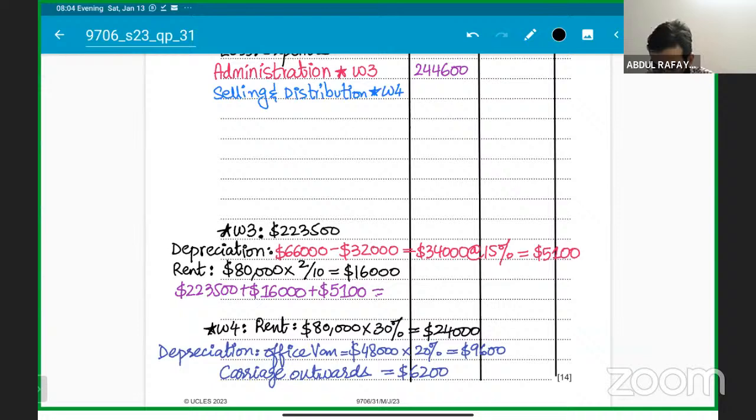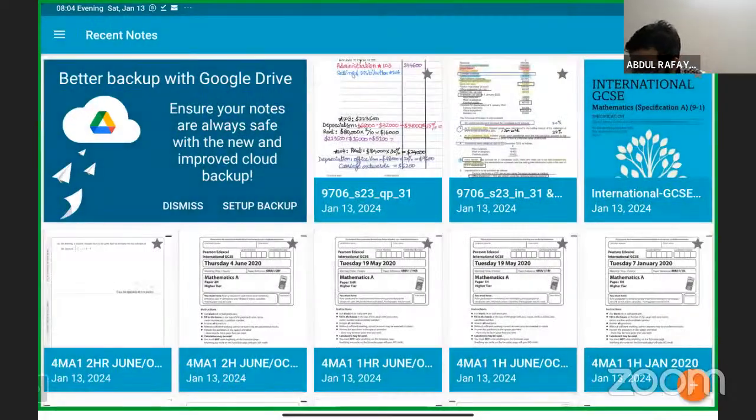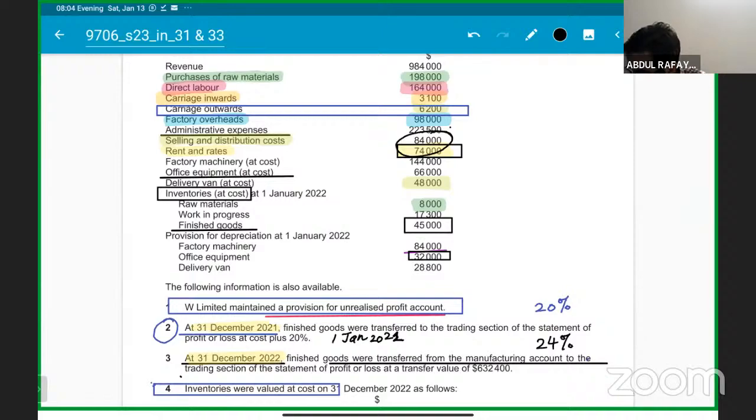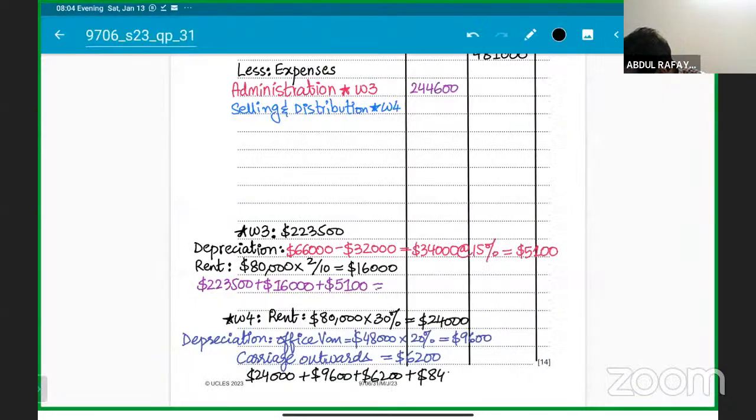Let's do the addition here. 24,000 plus 9,600 plus 6,200 plus the administration expenses already there. So the selling and distribution are 84,000 only. So adding them in, $84,000 plus 24,000 plus 9,600 plus 6,200, I am getting that as 123,800. Okay, understood?